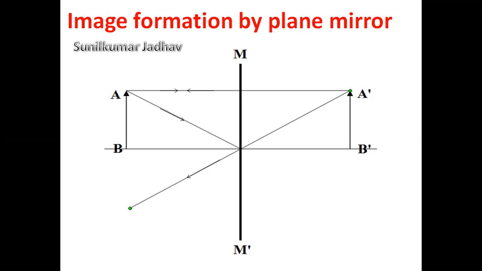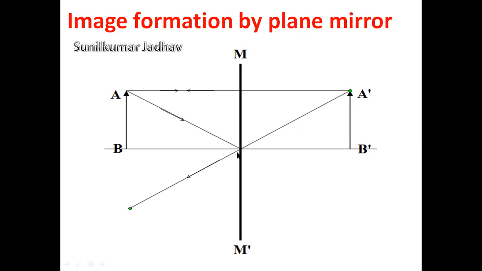So number one, if we consider this an incident ray, it makes some angle with the normal. What is the normal? We already learned that the perpendicular line to the given surface at the point of incidence is considered the normal.